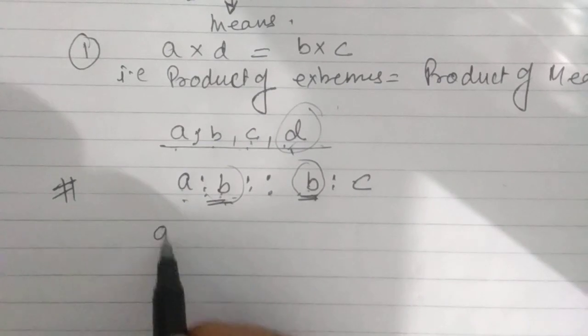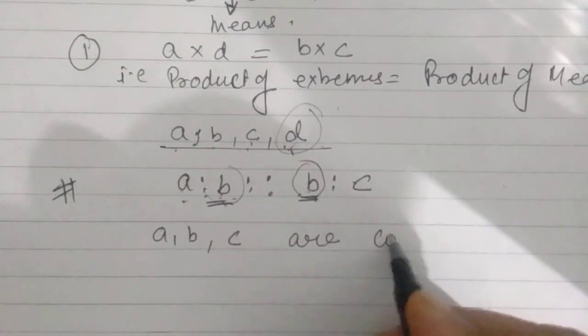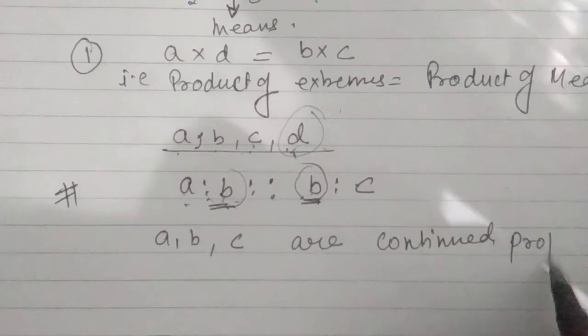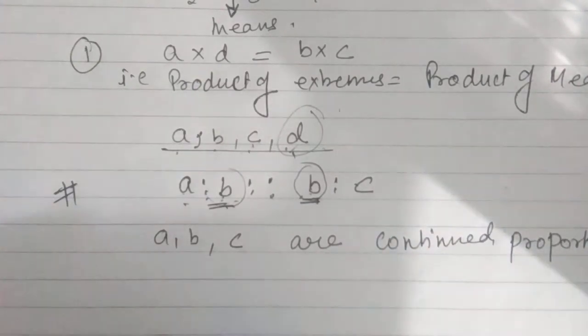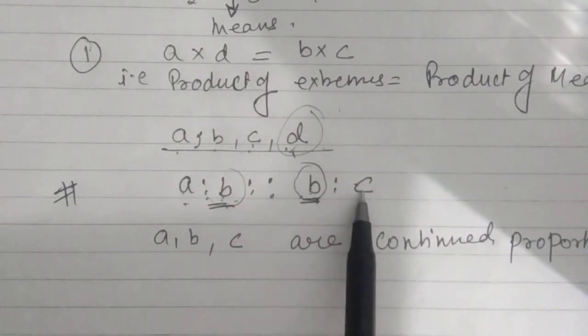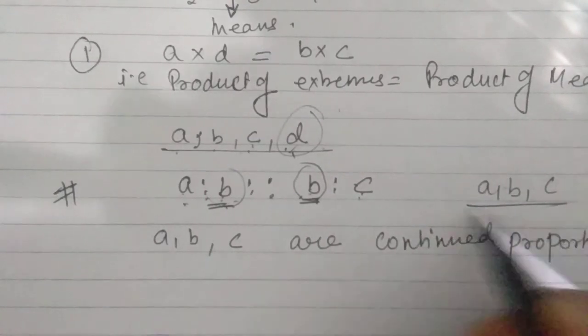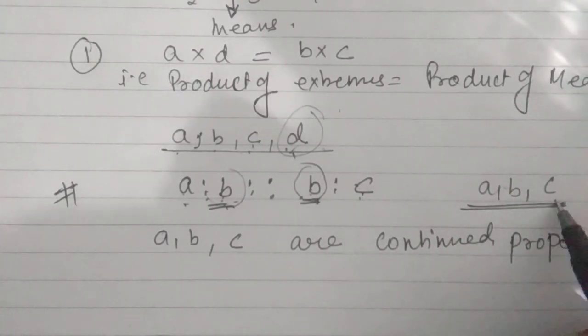Here a, b and c are known as continued proportion. And here c is not known as the fourth proportional. Here c is known as the third proportional because we have only 3 terms a, b and c.